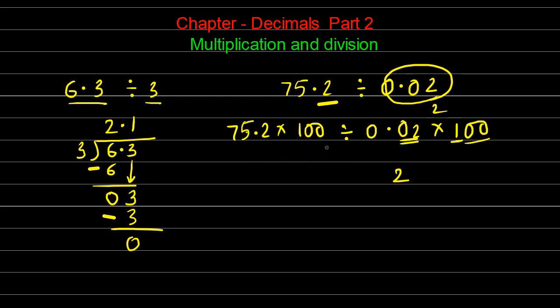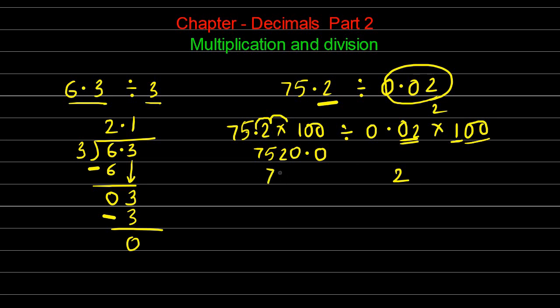So you are multiplying both the numbers by the same number, making it 75. As we are multiplying by 100, our decimal point will jump 2 places. We have only 1 place here, so let's make one more, making it 7520.